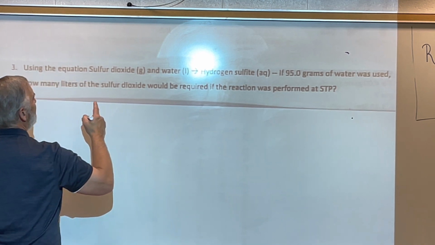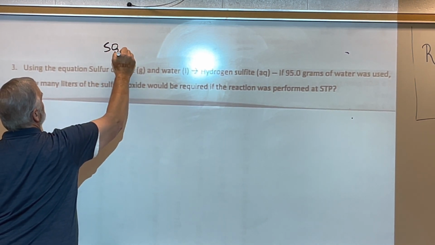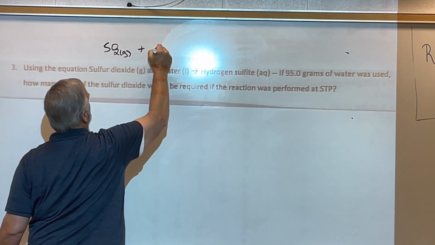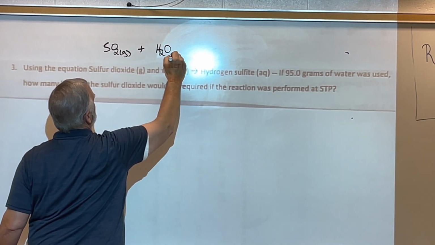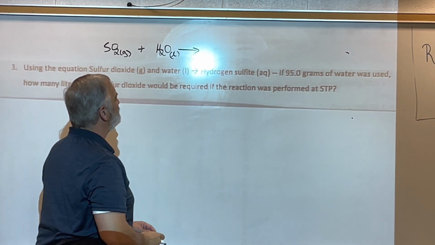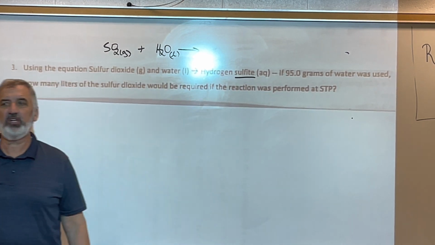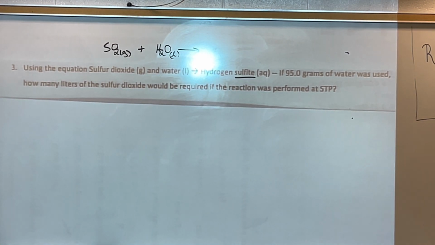Y'all, sulfur dioxide is going to be what? SO2. Obviously, we know water. I pray you know water by this point. Then it says hydrogen sulfite. What's sulfite? SO3 with a -2 charge.